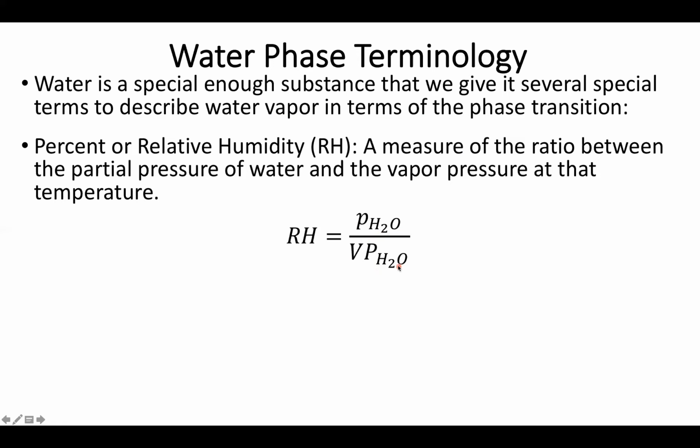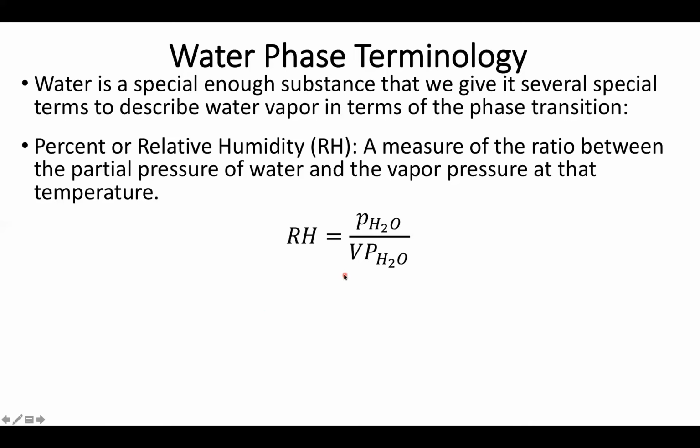This vapor pressure you're often going to need to determine by knowing where that phase transition occurs. However, once you know where the vapor pressure is, you can back out what the relative humidity is simply by making your measurement. So again, this should hopefully make sense of a lot of weather reports that you've heard when people are talking about relative or percent humidities.